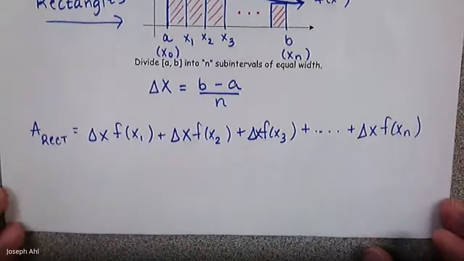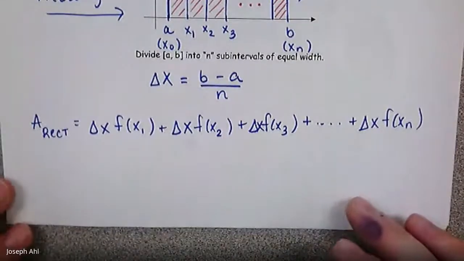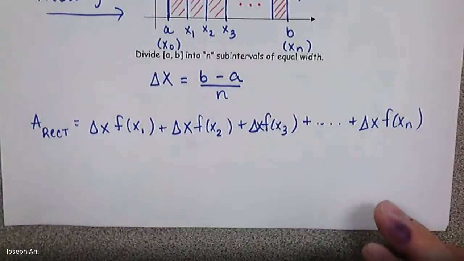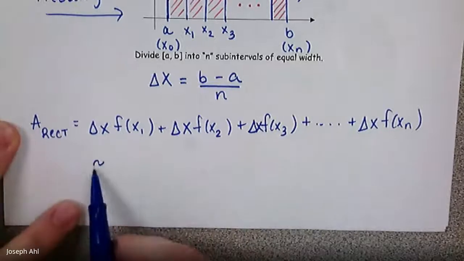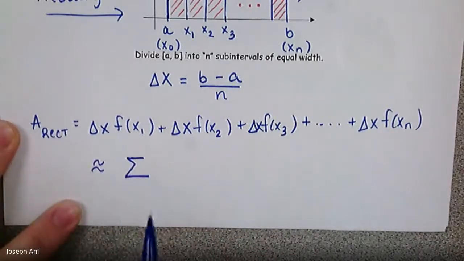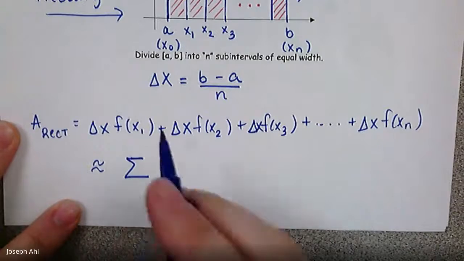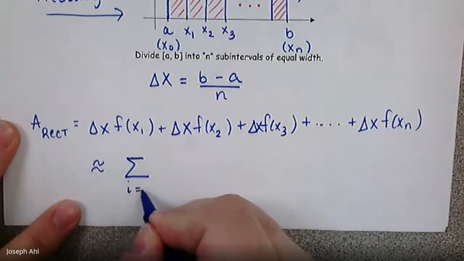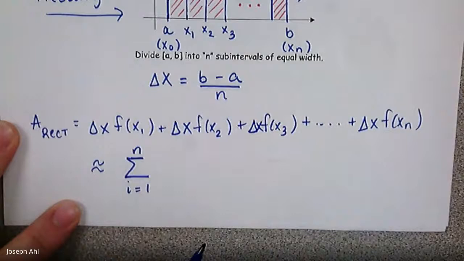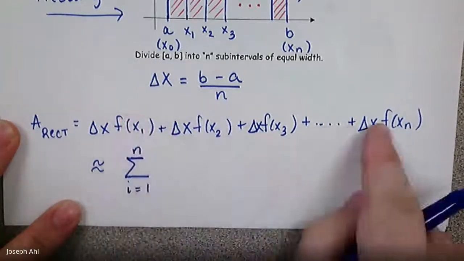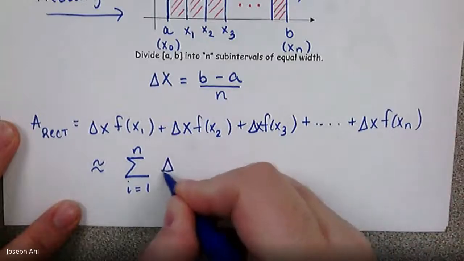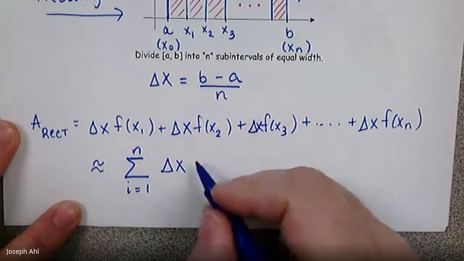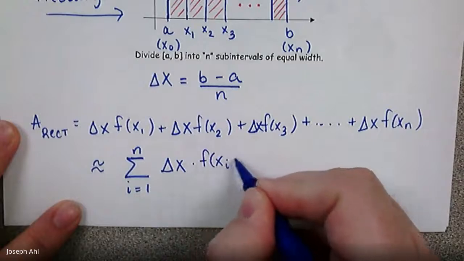Okay. So how can we literally sum this up? I mean, it's kind of fun that that's the word that we're using here. We're going to sum this up with a sum. So this is then going to be approximately the summation. We're going to define this as being from i equals 1 to n of, in each case, if I sum up all of those rectangle areas, it's always going to be delta x times f of x sub i.